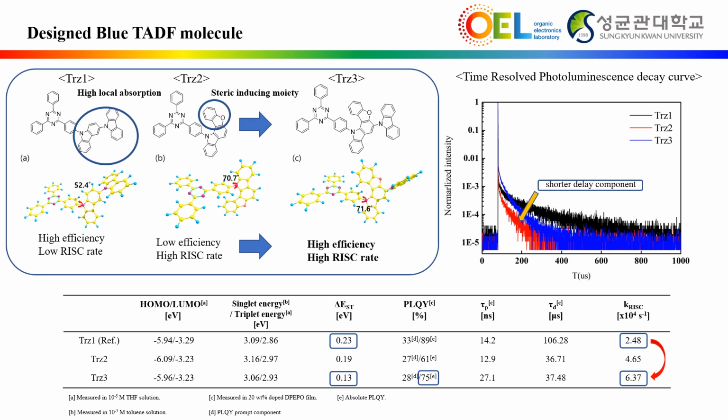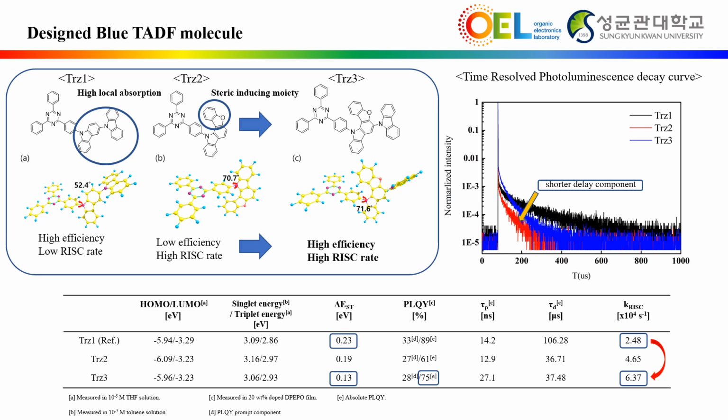I have a successful experience in designing blue TADF molecules with high fluorescence efficiency and a high RISC rate at the same time. I set a reference TADF molecular structure, which has higher local absorption and high fluorescence efficiency.